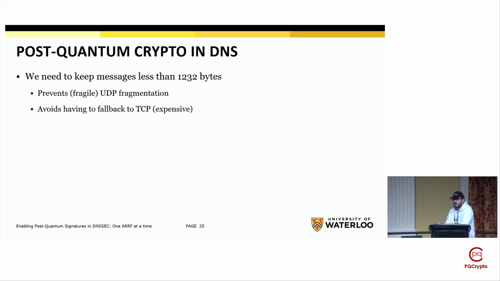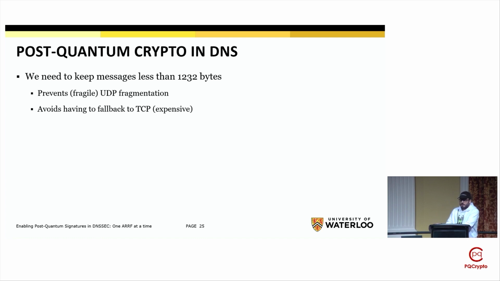And the reason for this is because DNS primarily uses UDP as a protocol, and we want to avoid UDP fragmentation as much as possible. And that's because it's quite fragile. Middle boxes don't particularly like it. UDP is not reliable, but fragmented UDP is even more not reliable. So we want to avoid that.